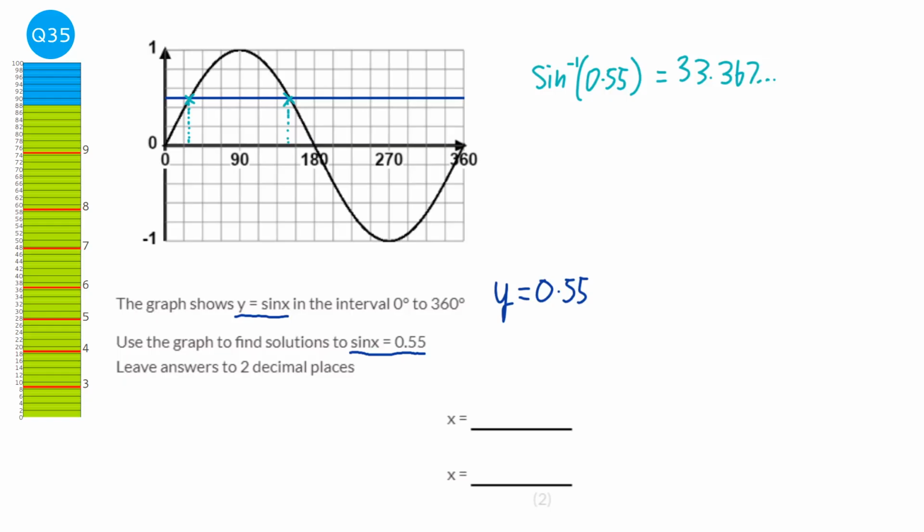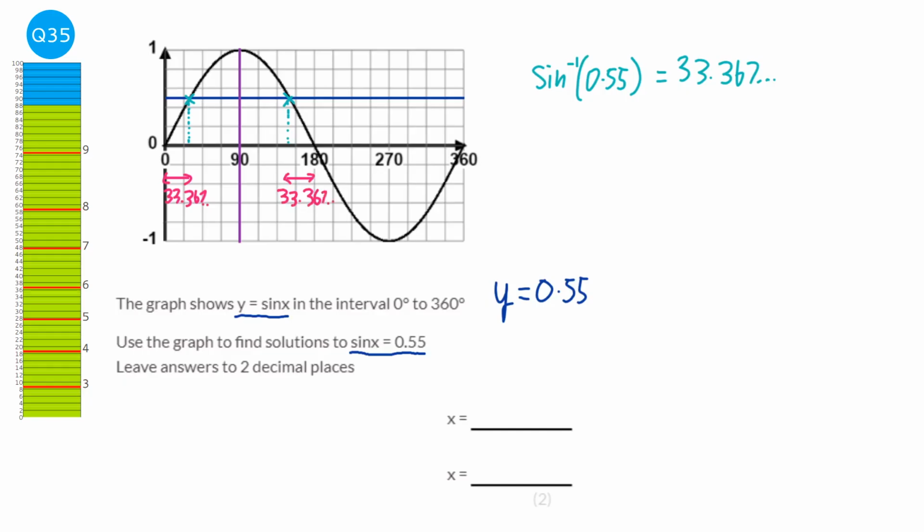because what we can do is, if you have a look, we've got a nice bit of symmetry down here. If I draw a line down here, you can see that the line is symmetric between 0 and 180. So if we know, which we do, what this bit here is, and we've just worked that out to be 33.367, then using symmetry we must know what this bit here is, because this bit here must also be 33.367.